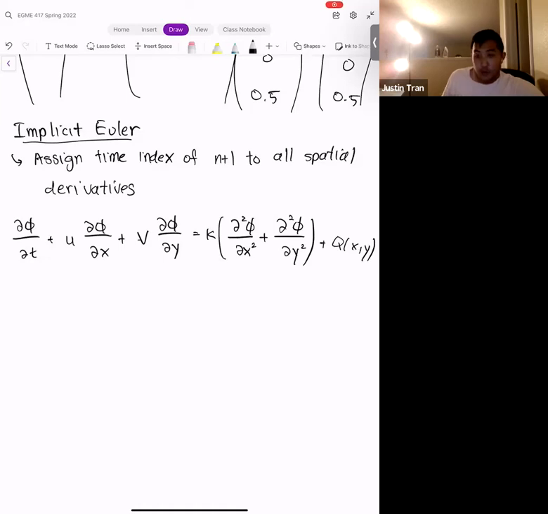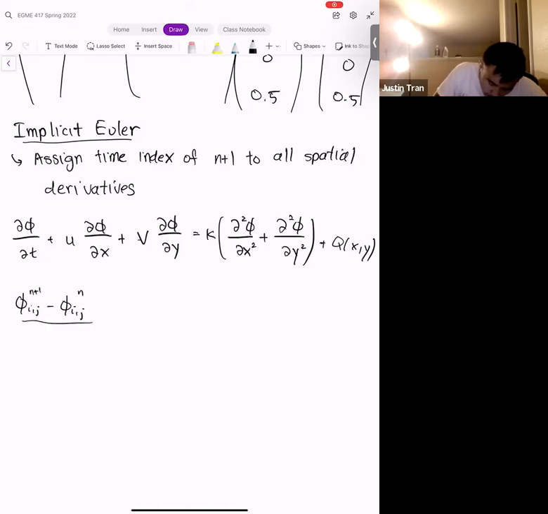Just like before, we're going to replace everything here with the finite difference. Since we're in 2D, we now have two spatial indices, both i and j.